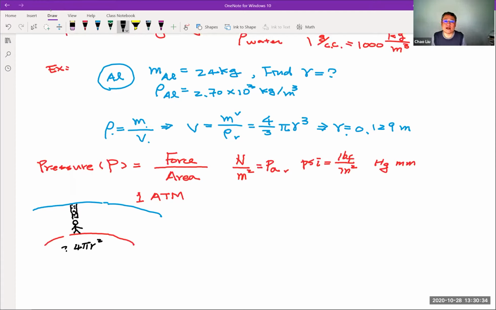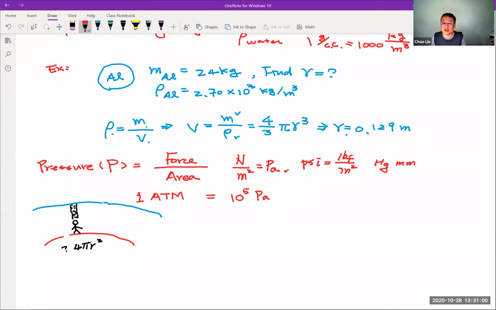So that's one atmosphere. My key point here is, if I have one atmosphere, how many Pascals would that be? Well, it turns out 10 to the 5th Pascal is equal to 1 atmosphere. So these two are equal.